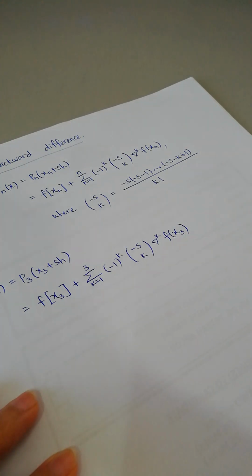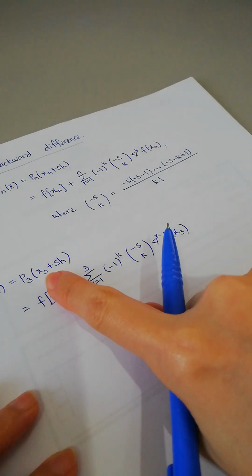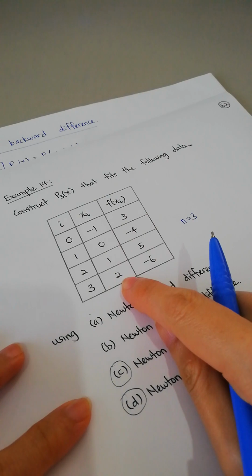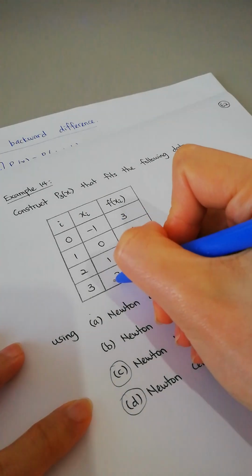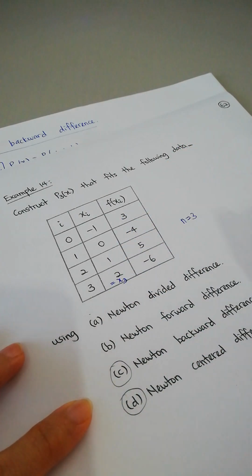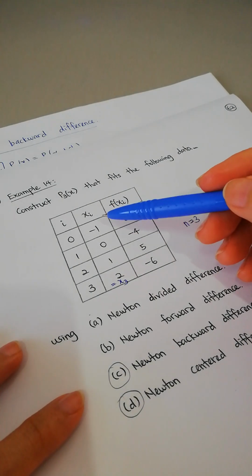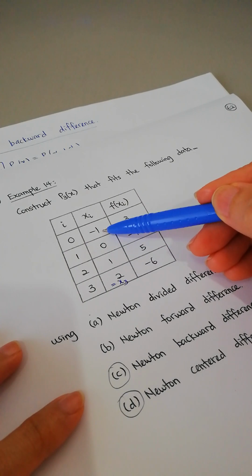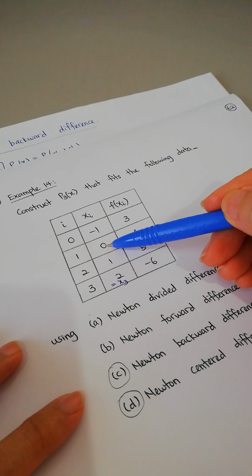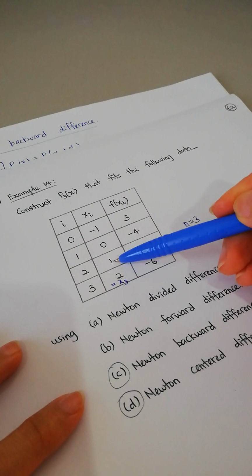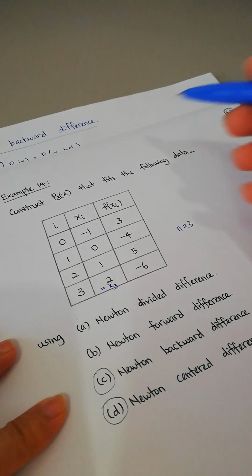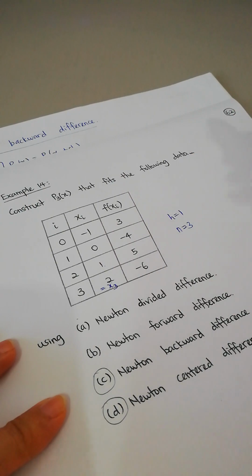Alright, so what is your x3? From here we know that this is your x3. Alright, so what about your h? The h is the step size: this one minus this one gives 1, and then 1 minus 0 gives 1, and then 2 minus 1 equals 1. So your h is equal to 1.